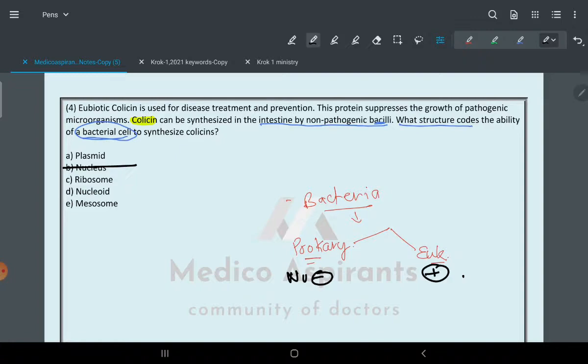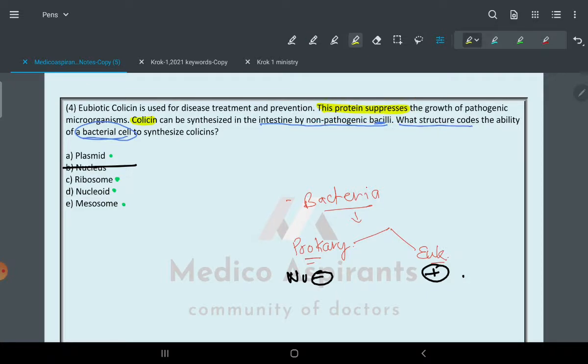Now when we talk about the other options, easily you can see that all the other options are present in some prokaryotes and eukaryotes. So which one is supposed to be the correct one? Here the name itself says that this protein, what is its nature?